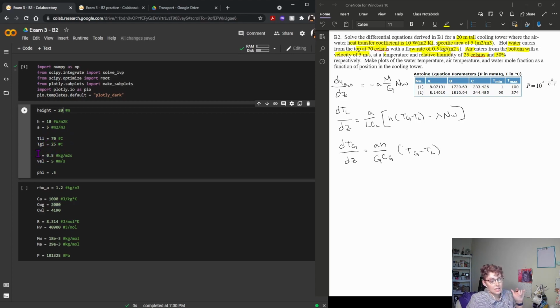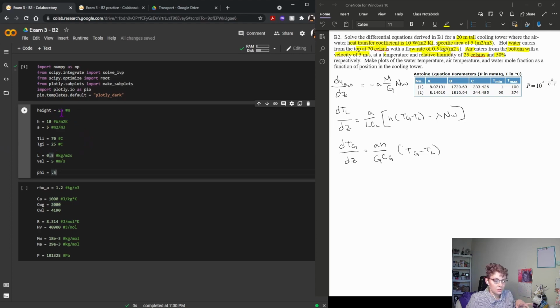We are also given the liquid flow rate at half a kilogram per meter squared seconds. And then we also have the velocity of the air, which is at 5 meters per second, and we also have the relative humidity at 50%. I also included some other variables that will be helpful to us later.